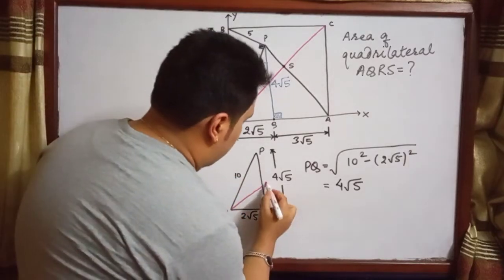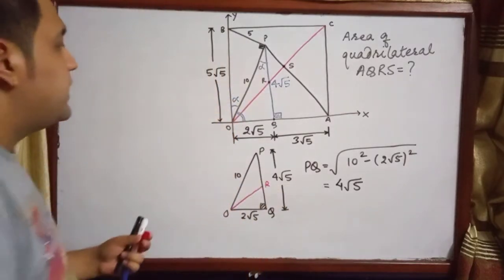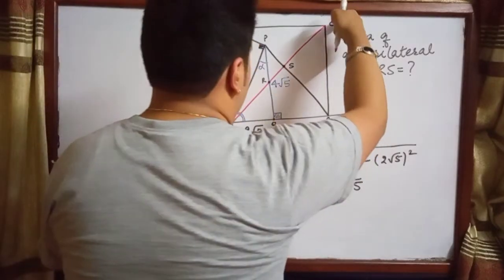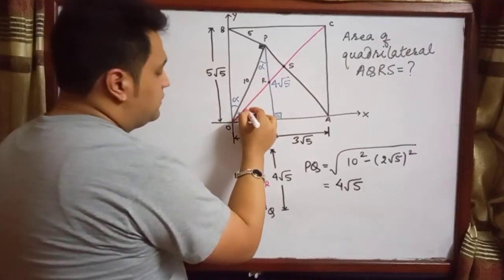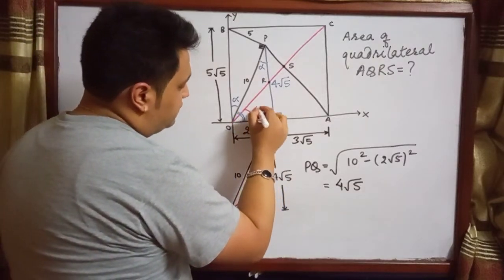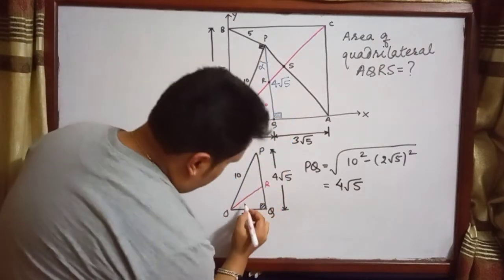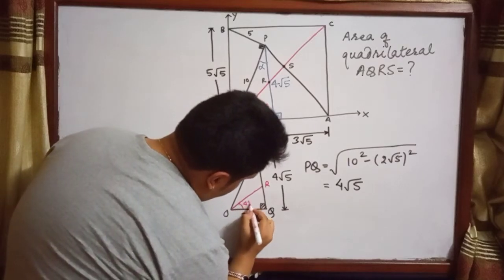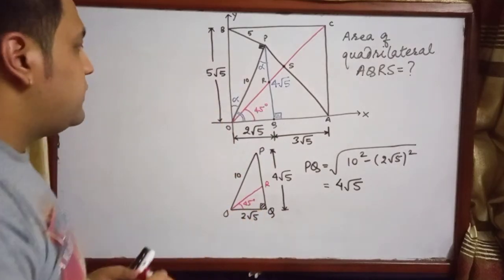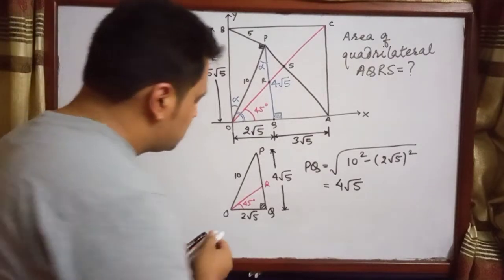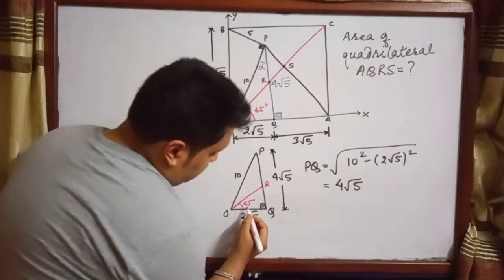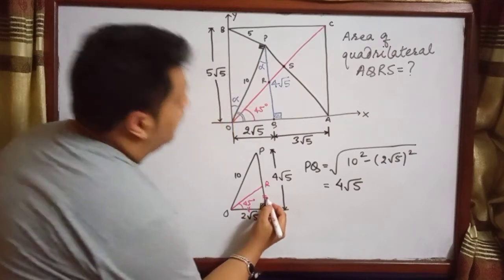And here's the point R. Since this OC is a diagonal of a square, this angle is 45 degrees. And so this side OQ is equal to QR.